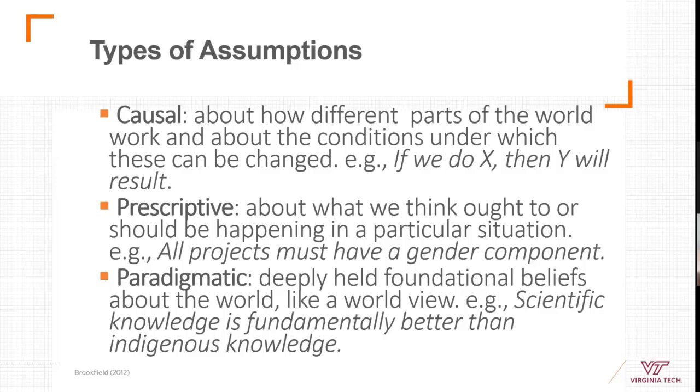And then axiological is the assumptions around the notion of ethics and what is right. We've already talked a good deal about that. I think it's important to keep in the forefront that different people have different assumptions about what is ethical, what is right. So those are the four paradigmatic assumptions that we should keep at the forefront of our mind as we're doing an assumption audit or an assumption critique of a given program as we try to practice evaluative thinking.